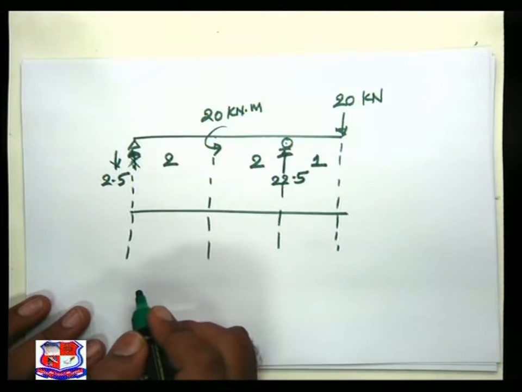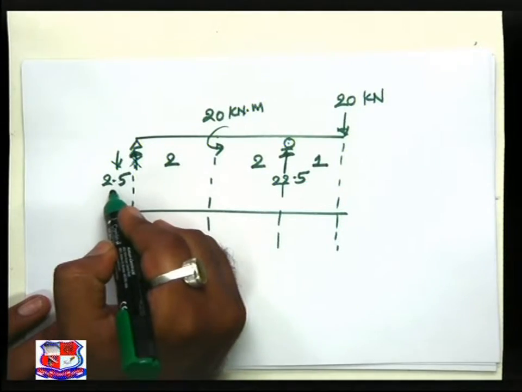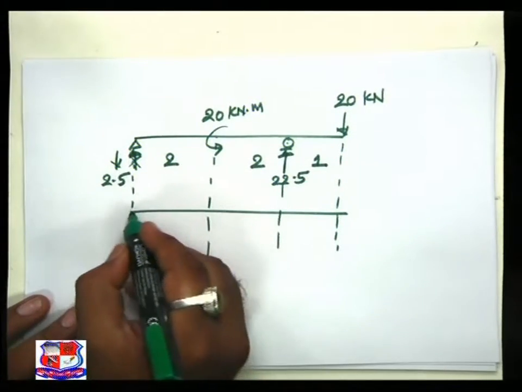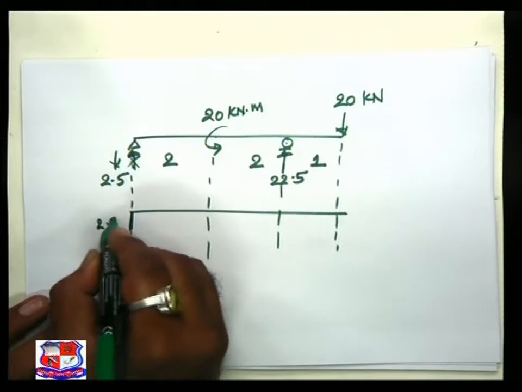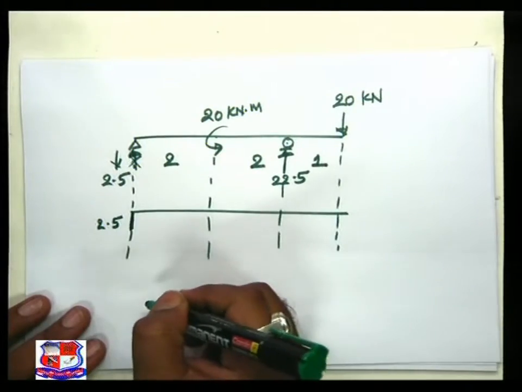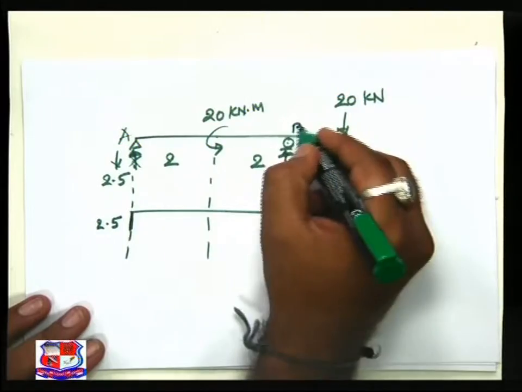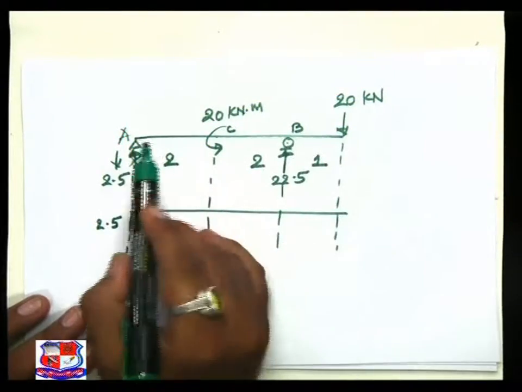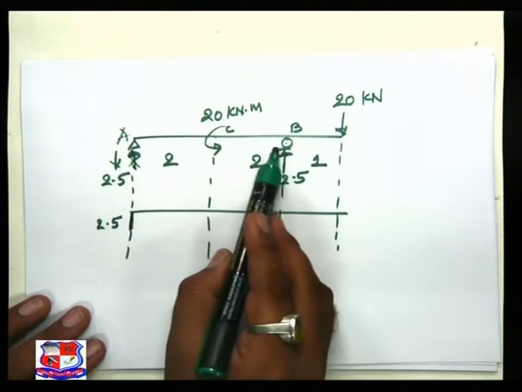Now first one, reaction 2.5 which is acting itself gives me the value of shear force over here 2.5. Between A, C and B not a single force is acting.